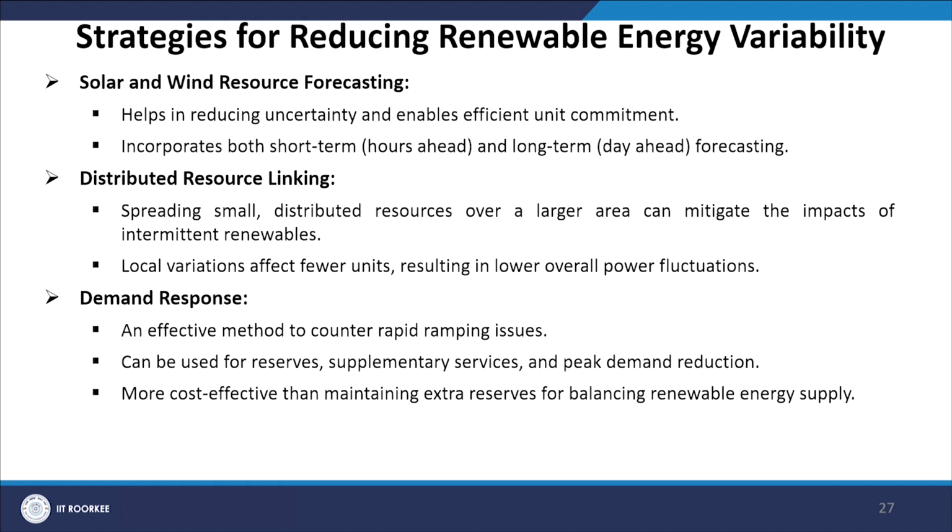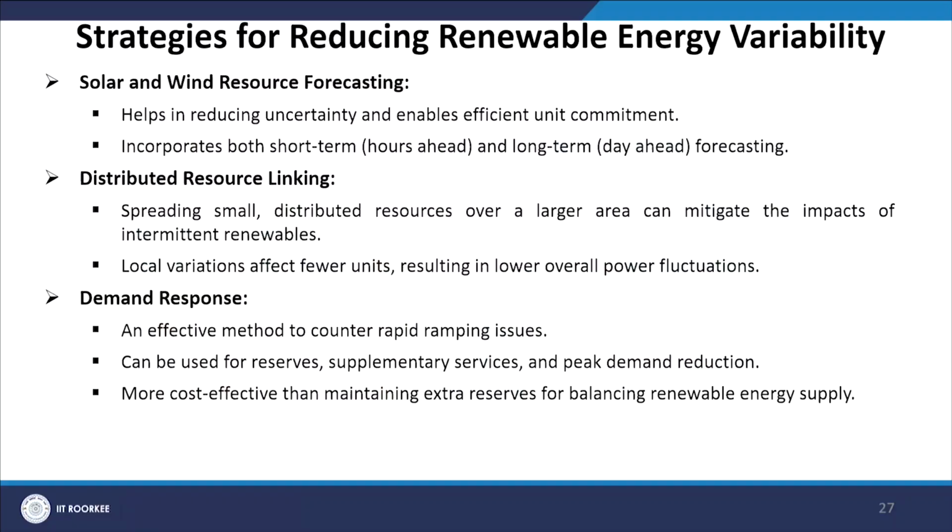That means if you have a huge park, let's say there are 100 wind farms in a given area, probably the summation of the outcome of all those wind farms experiences a smaller variation than having a few wind farms integrated to your distribution system. So the intermittency can be reduced by clubbing many distributed generations together.